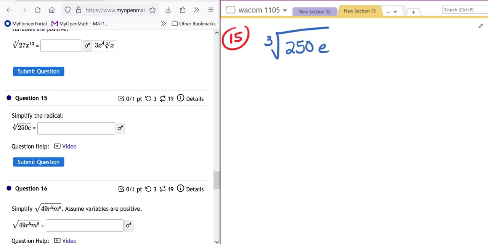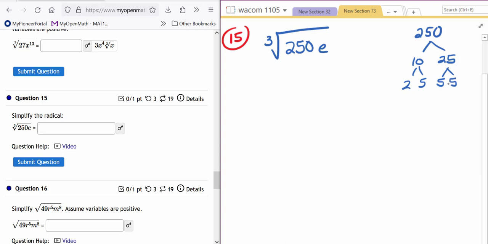So I don't believe that 250 is a perfect cube. So I'm going to break it down with primes. Now, it looks horrible, but it's really not bad. When something ends in a 0, there's a 10 in there. So you have 10 times 25. And we have 2 times 5 and 5 times 5.